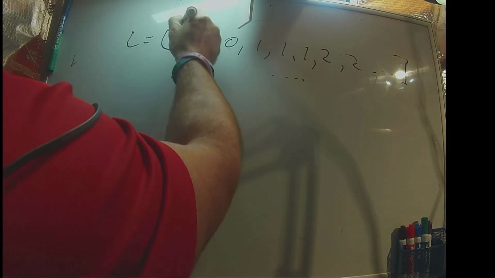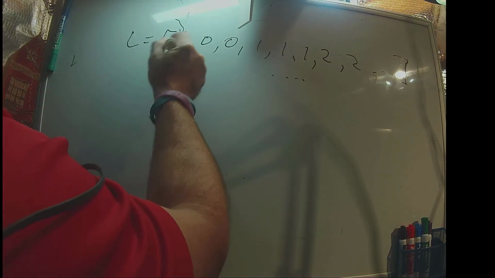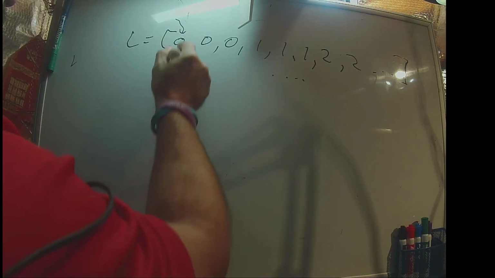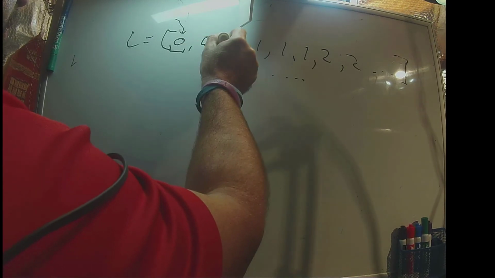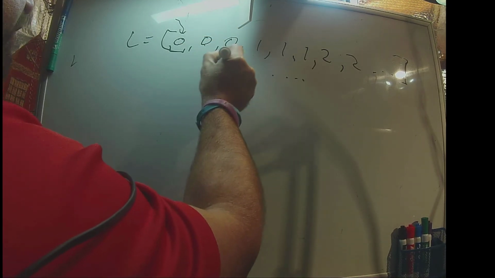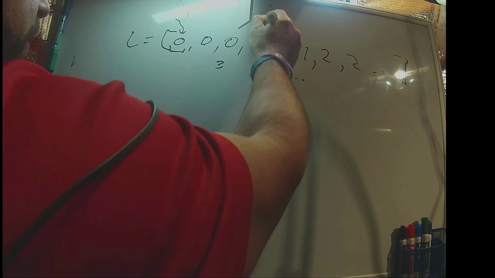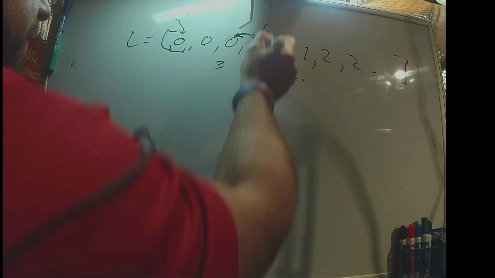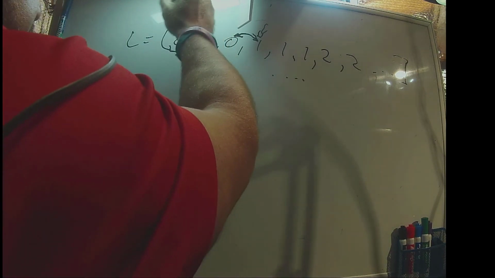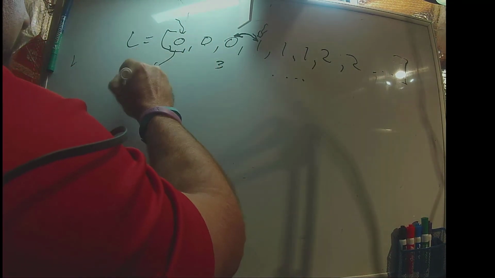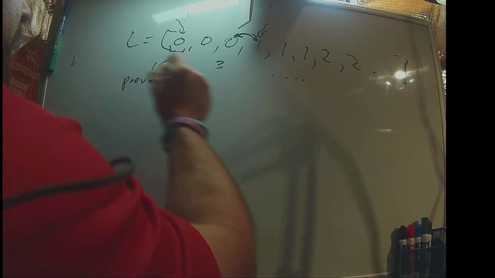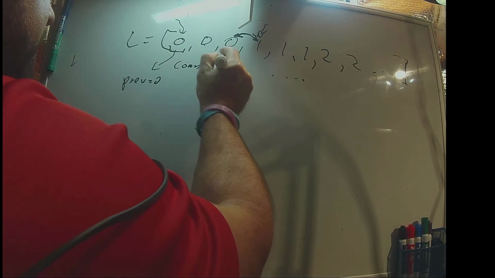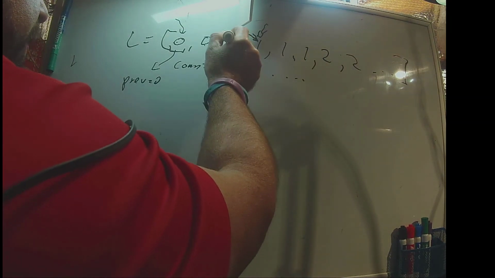What we can say is we're counting the number of zeros. So we count 0, 0, 0. We count 3 zeros. When we go to here, now this is different from this value, right? So we have the previous, prev equals 0. We count 1, 2, 3.